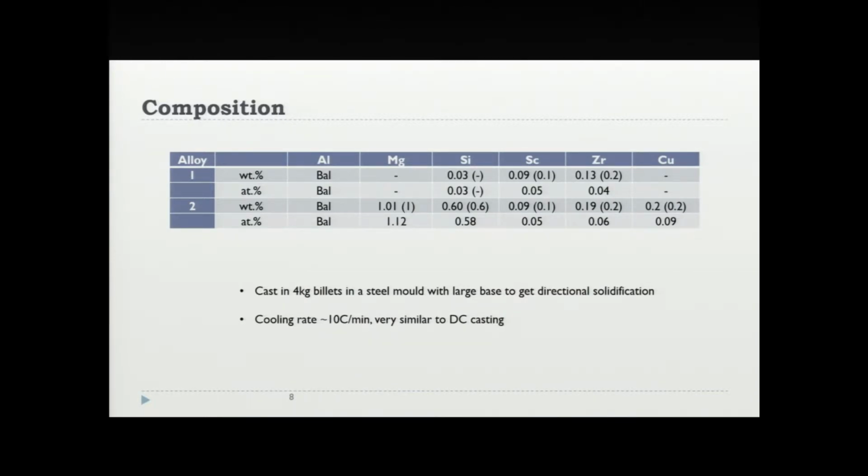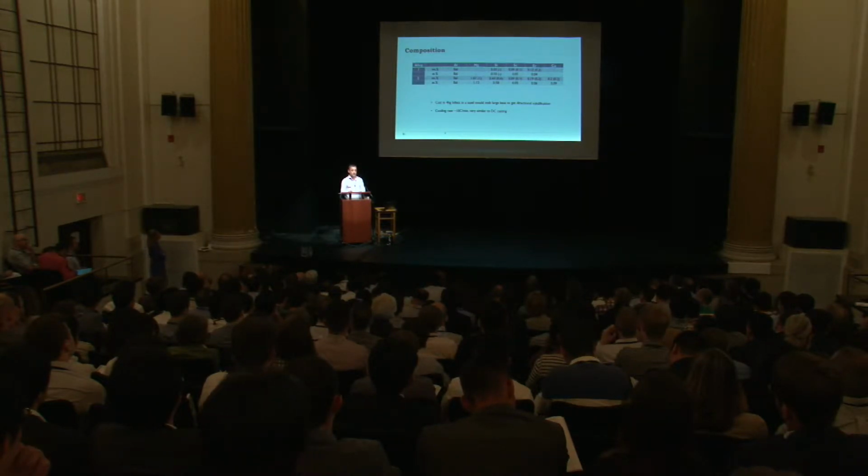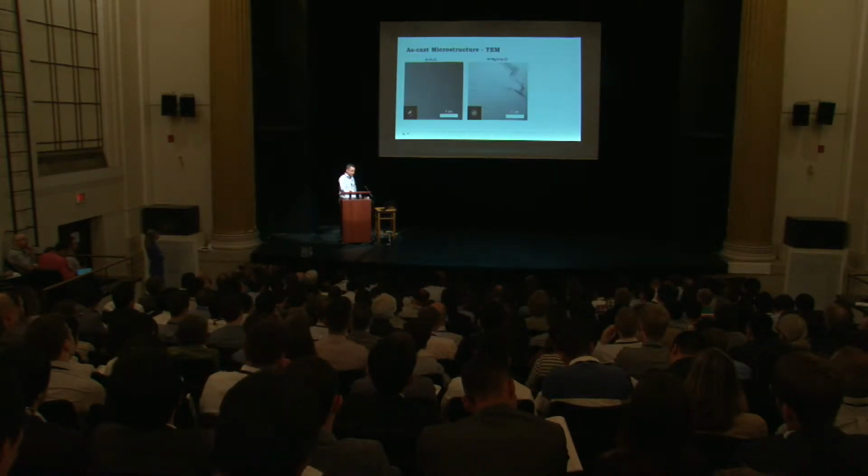We do our own casting at Deakin. We use cylindrical steel molds with a large steel base, so we have directional solidification, and we measured the cooling rate. We have cooling rate curves, and they compare quite well with DC casting type cooling rates. So we believe we represent a DC cast microstructure quite well.